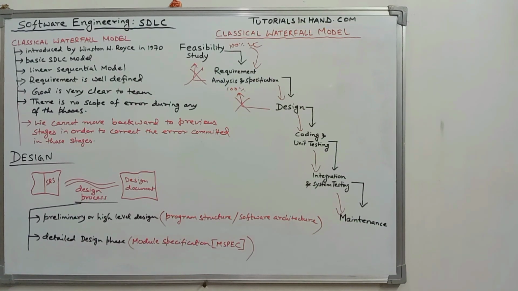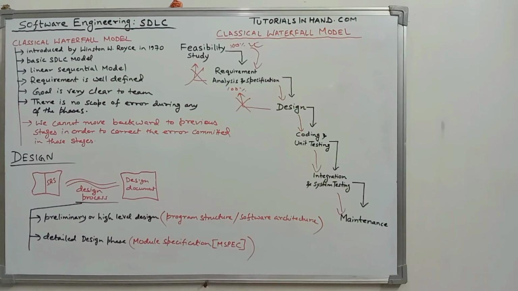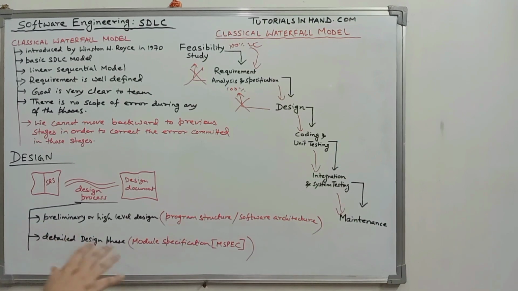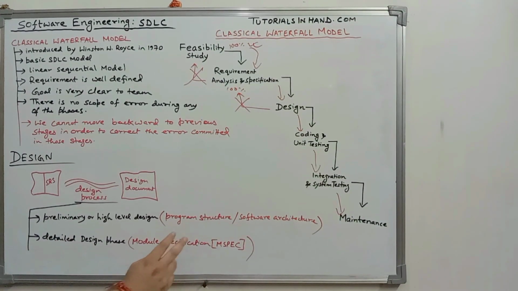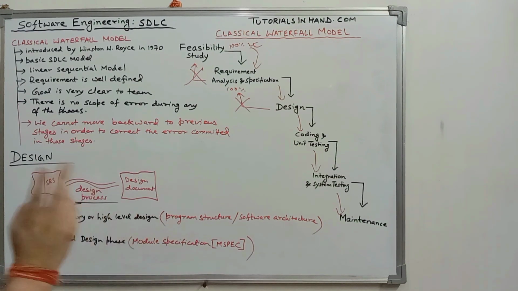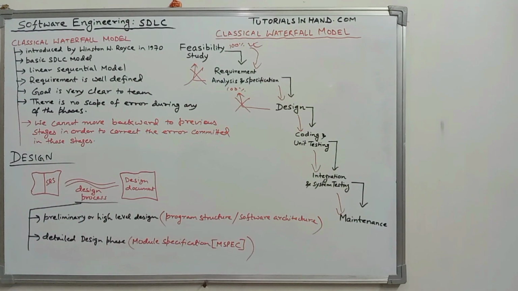What would be the input, how the processing would be done, what is the output, and how the output should be displayed on the UI or any other interface. Everything is written in this module specification, which the developers who will be coding the module have to adhere to. So in the detailed design phase we get the module specification.